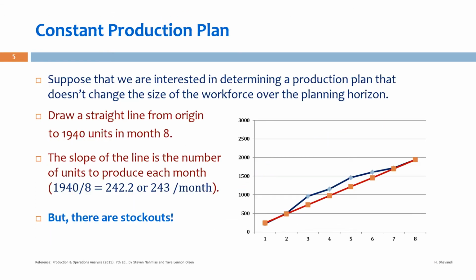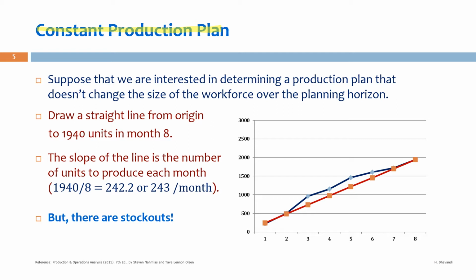So first, we are going to consider the level strategy, which is also called the constant production plan. As you know, in the level strategy, we will have a constant level of production or workforce over the months. Because of that, it's also called a constant production plan. So here we are going to level the production quantity. We'll have constant production quantity over the months.